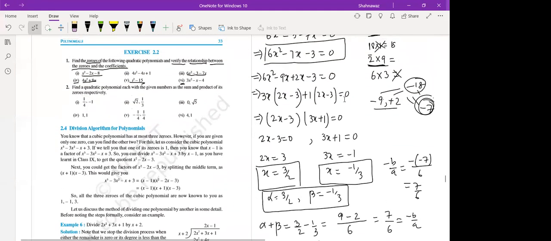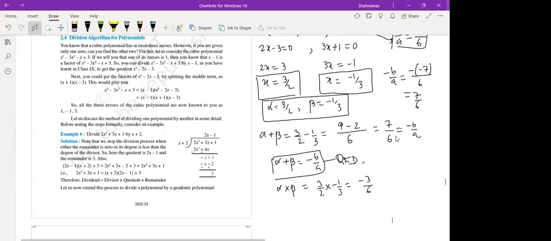It is minus 3/6, which is exactly equal to this. So alpha into beta is c by a.